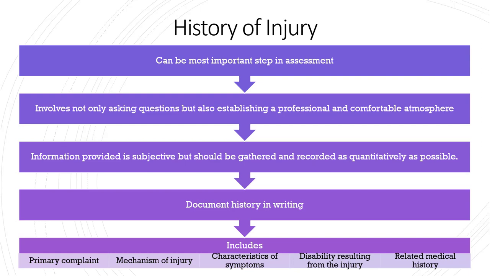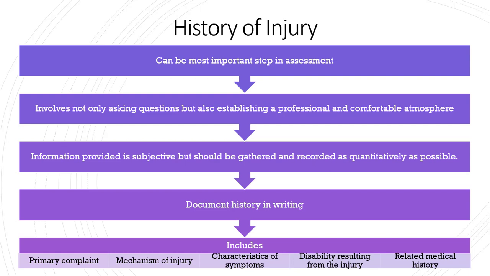As a clinician, we must understand and respect different cultural groups' attitudes, beliefs, and values related to health and illness. The history begins by gathering general information, such as the individual's name, gender, age, date of birth, occupation, and the activity in which the individual was participating when the injury occurred.